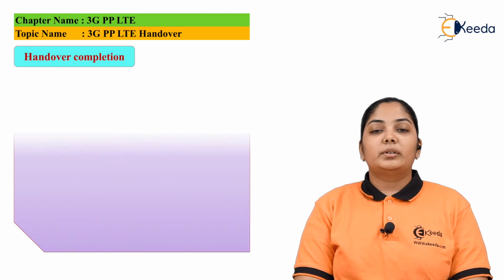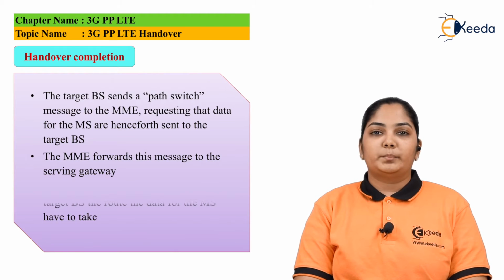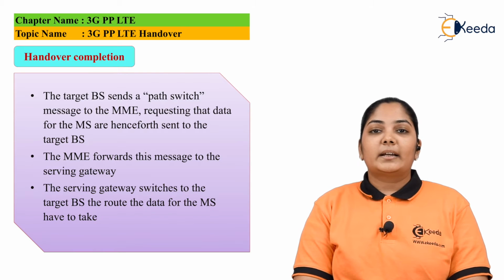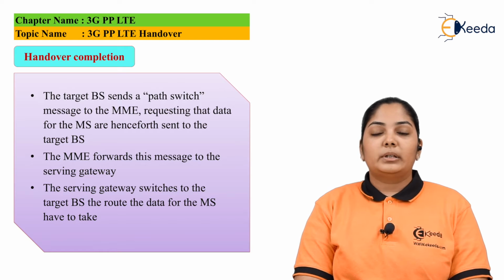Now let us move on to the last step, that is the handover completion. The target base station sends a path switch message to the MME requesting that the data for the mobile station be henceforth sent to the target base station. The MME stands for Mobility Management Entity.